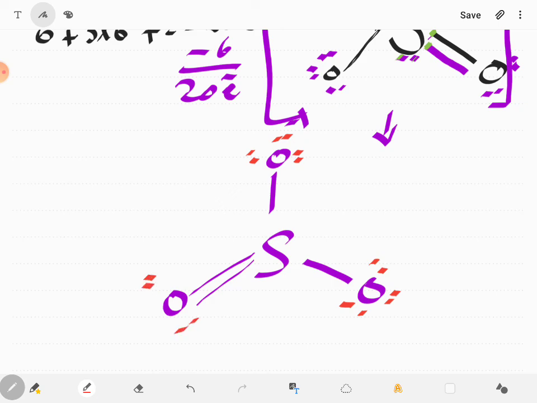If you count, look here: octet. Why? 1, 2, 3, 4, 5, 6, 7, 8. Octet. What about sulfur? 1, 2, 3, 4, 5, 6, 7, 8. Octet. Oxygen, octet. Everything is octet right now.